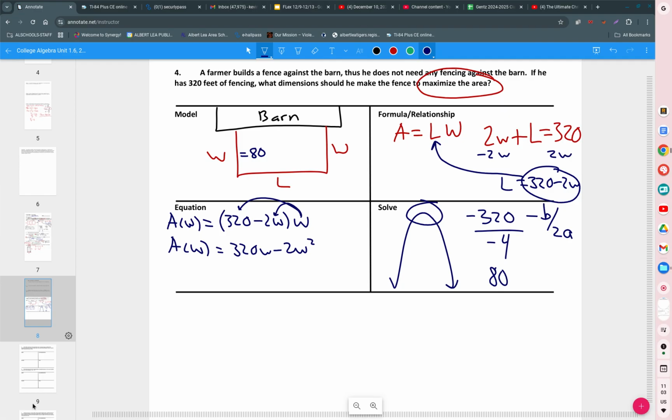Plug in 80 to 320 minus 2W. 320 minus 160 is 160. So 80 by 160. So again, the farmer is not just building any fence or enclosure, he's building one that maximizes that area.